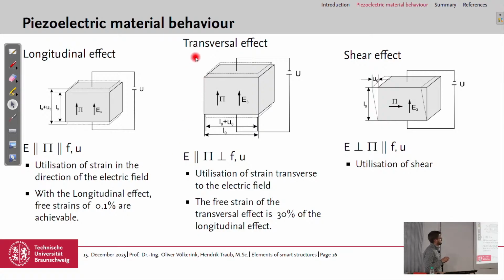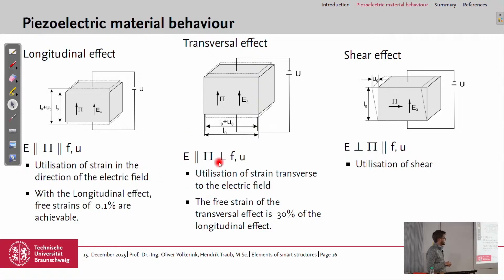Then we have the transversal effect. Here the electric field again is parallel to the polarization direction, but we look at the force and the displacement perpendicular to these 2 directions. So it's like the Poisson's effect. We have the main deformation and the electric field in this direction, but we want to use it perpendicular to it.